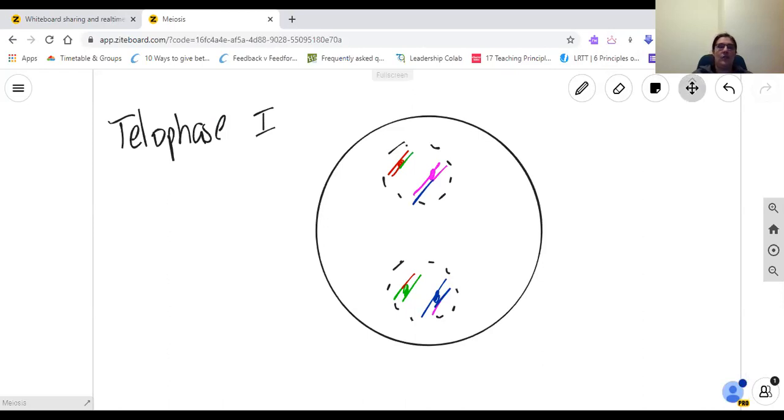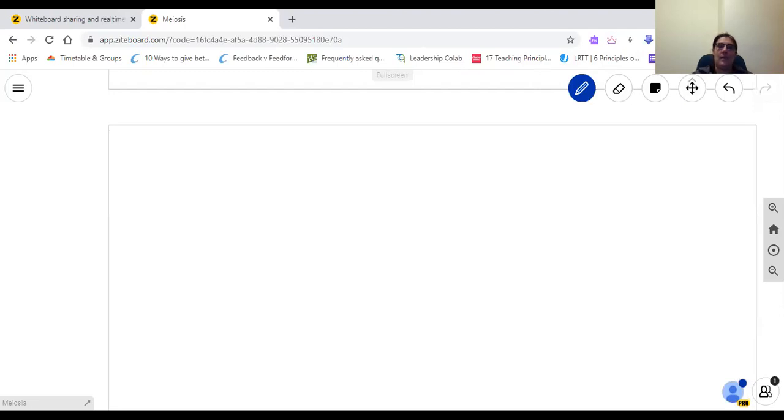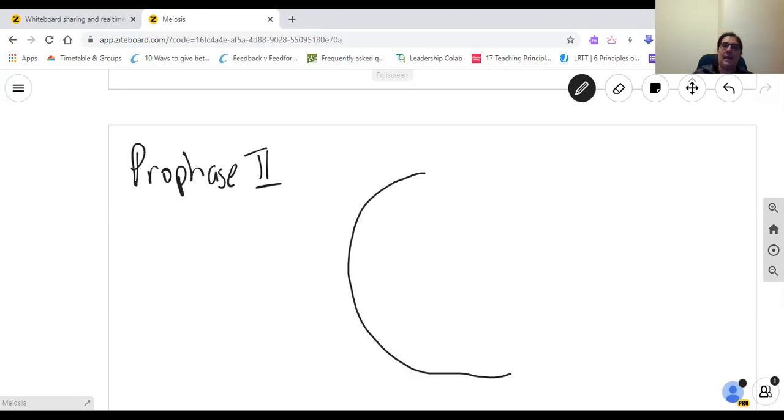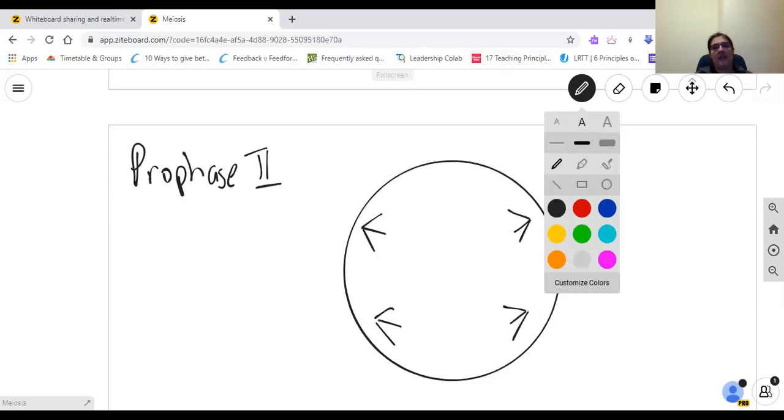So we then move on to prophase two. Well, not much is going to happen in prophase two, unless it's been sat around in telophase one for a very long time. The main thing that's going to happen is you're going to start to form more spindle fibers, but they're going to form at right angles to the original spindle that was there.